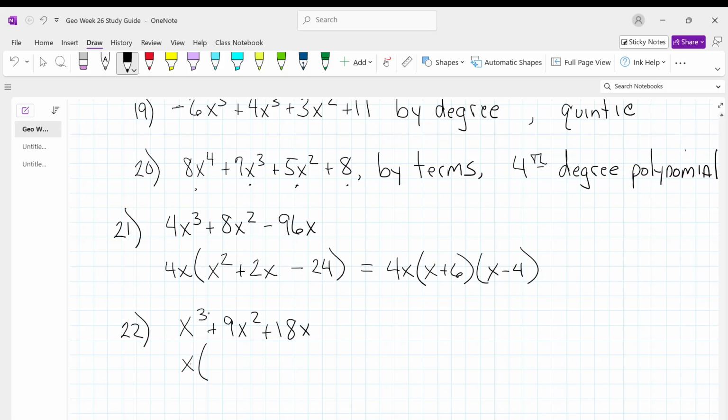So x into x to the third goes x squared. X into 9x squared goes 9x. And x into 18x goes 18. So we're going to bring over the x, and then we're going to factor the trinomial.